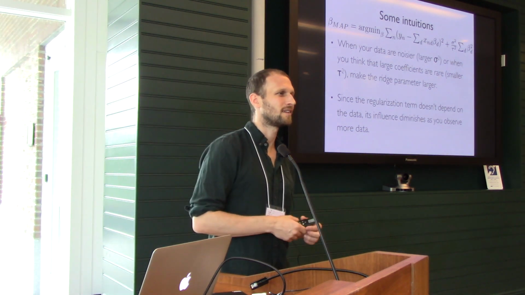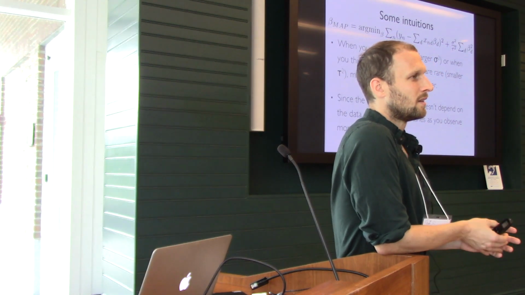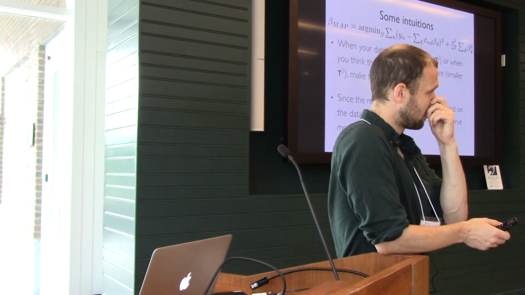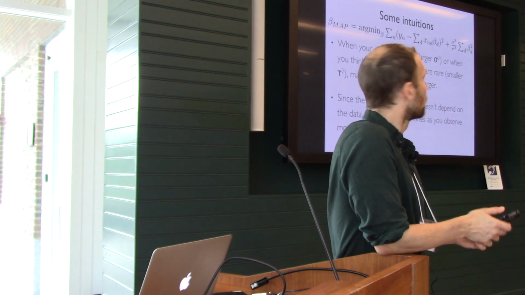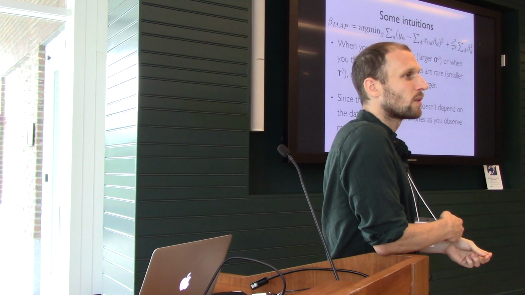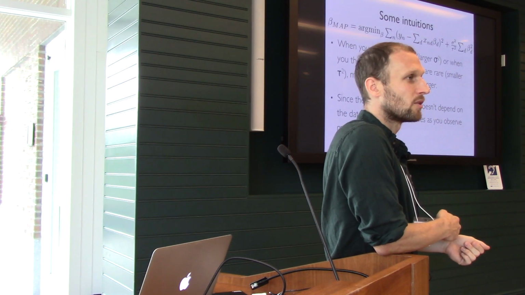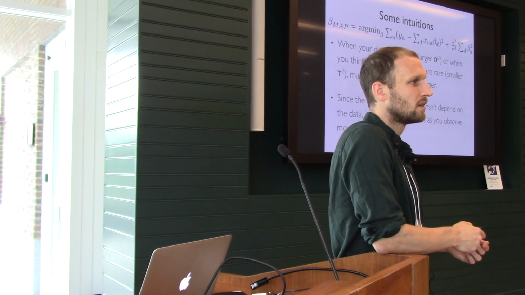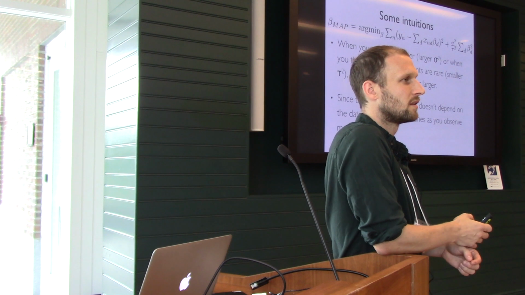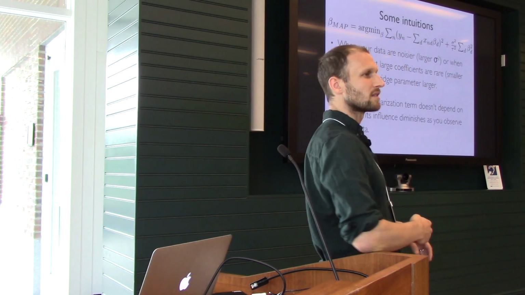You have a question? Yeah. I was thinking from a Bayesian perspective, rather than doing this sort of penalization, why not just put a regularizing prior on the beta coefficients themselves? But this is a regularizer on the beta coefficients, right? Or maybe I'm misunderstanding what you're saying. I guess just like in a classical linear regression, you just put a regularizing hierarchical prior on beta. Yeah, but how is that different from this?